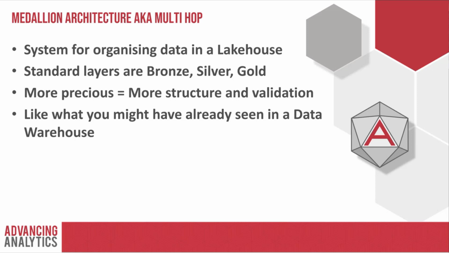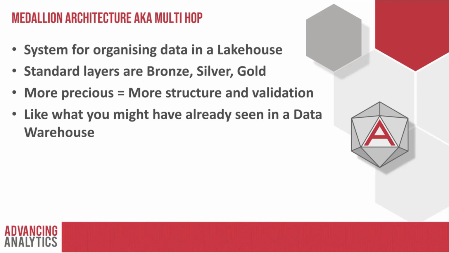So what we mean by those layers, bronze, silver, and gold, the metals are obviously getting more precious as we go through those layers. And what that denotes is having more structure and more validation to our data as we get through the layers. A really important thing about this is that it's probably very like what you've already seen.